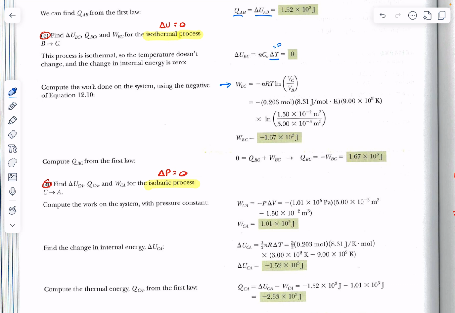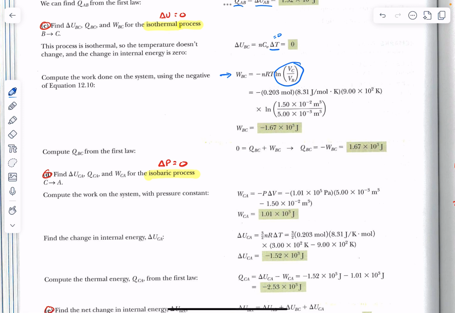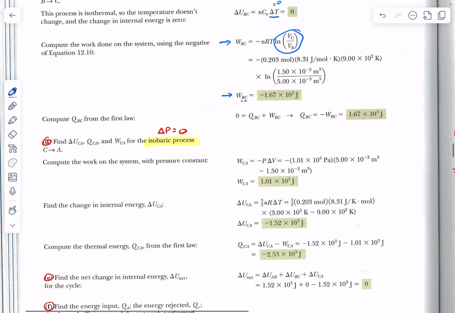And this term here, this natural log, is a result of doing integral calculus. And we can plug our numbers in and find the work as we go from part B, part C, back to our starting point in our 3-cycle system. And therefore the amount of heat coming and going.